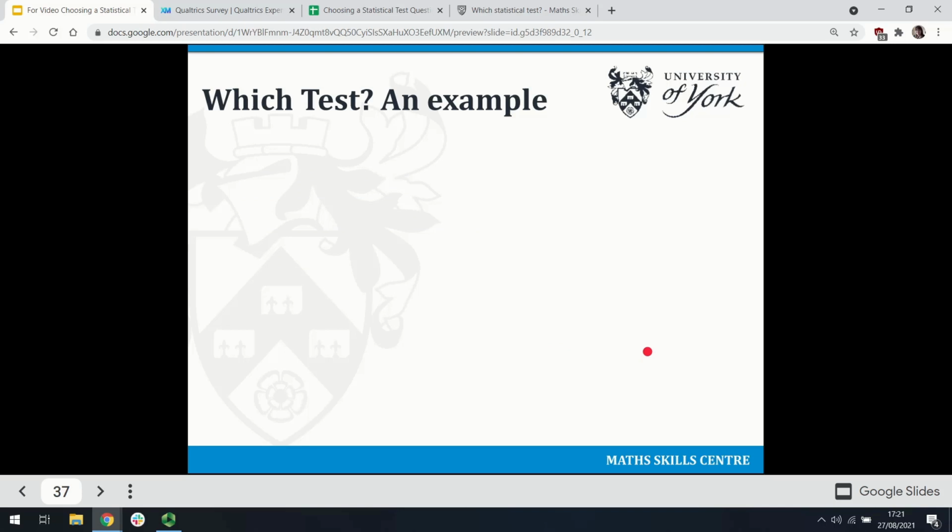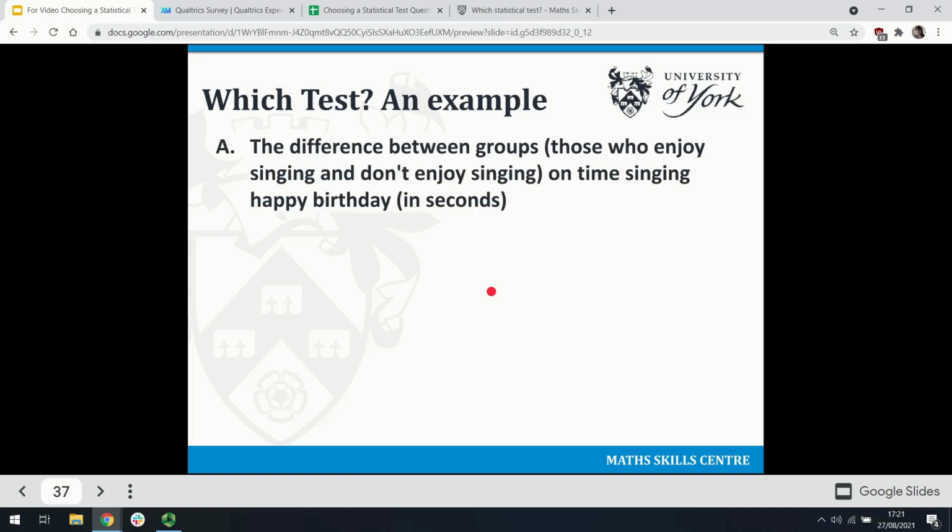So what I'm going to do is an example using the first hypothesis. Then I'll give you some hints on how to choose the test for the second one, and then you can have a go at the last three, but I'll give you the answers after each one. So this is our first example, the difference between groups, those who enjoy singing and don't enjoy singing, on time singing happy birthday in seconds.